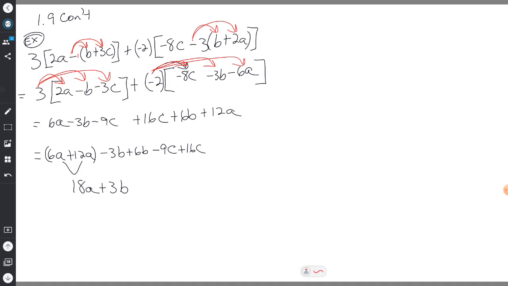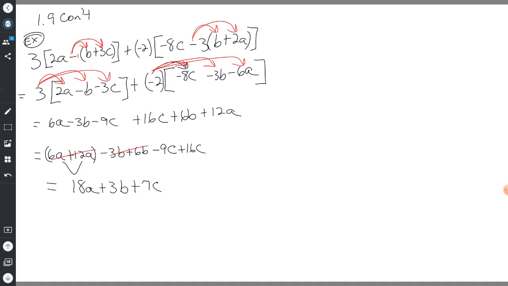And I recommend that as you're going through them, you start to cross them out so that way it doesn't look so confusing. And there we have negative 9c plus 16c. So what do we get from that? Plus, well, positive because we have the larger one there. So plus 7c. All right.